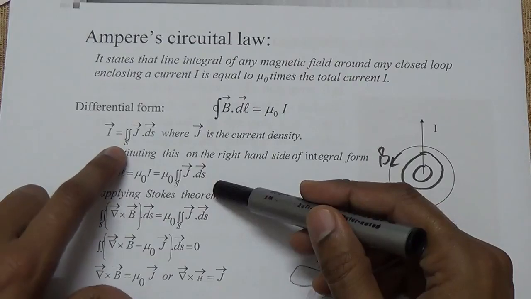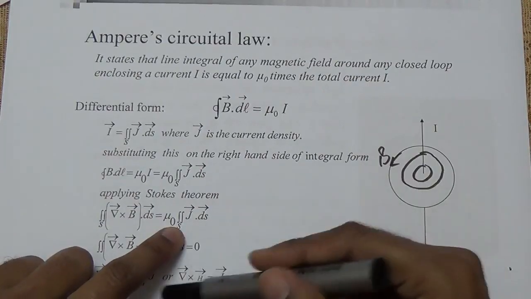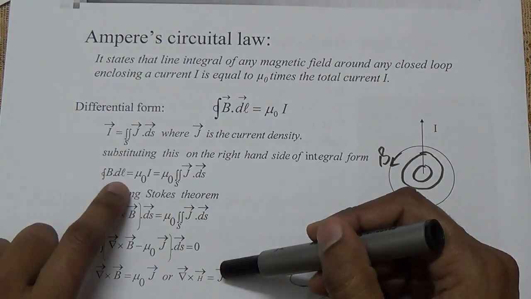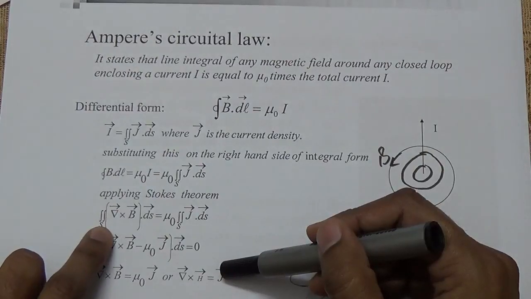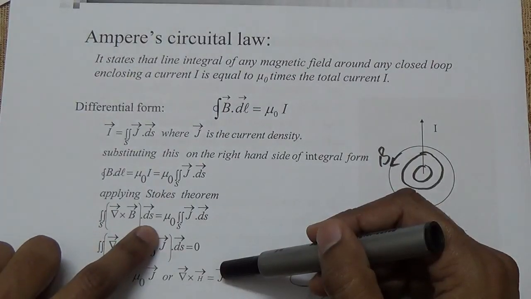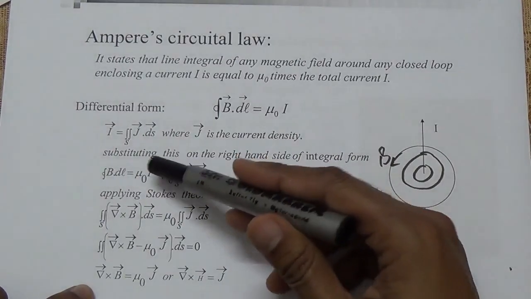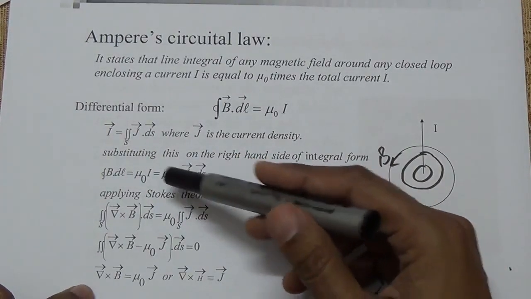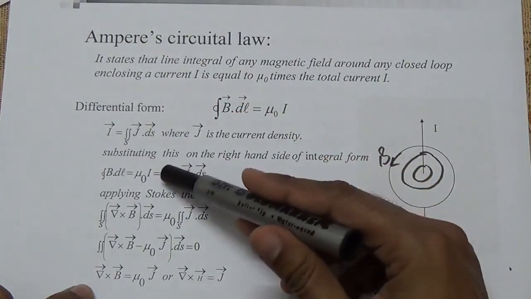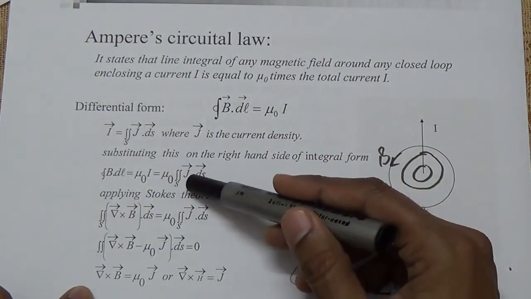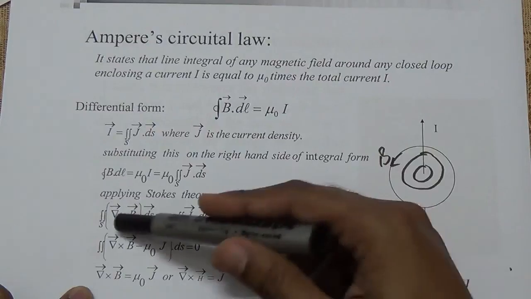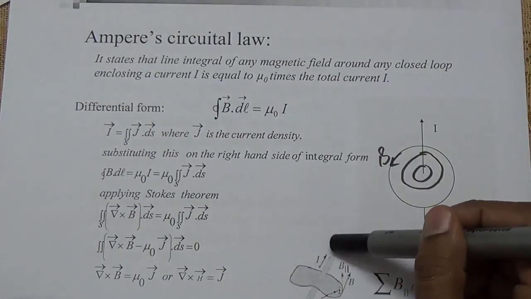So now put this value of I here. B dot dl becomes the open surface integral of del cross B dot ds with the help of Stokes theorem, and on the right hand side, putting the value of I from here, it becomes mu naught times the open surface integral of J dot ds. Now you can compare both sides.